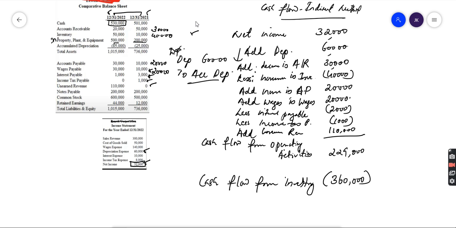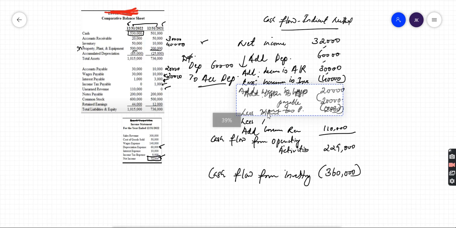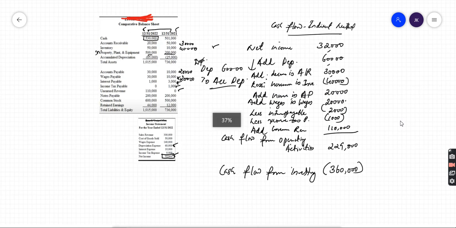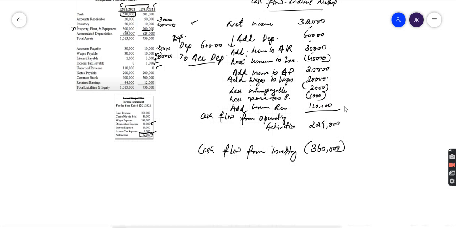So now let's see if anything else is there. Unearned revenue, notes payable. I don't see anything, so let's go further and see the rest of it.